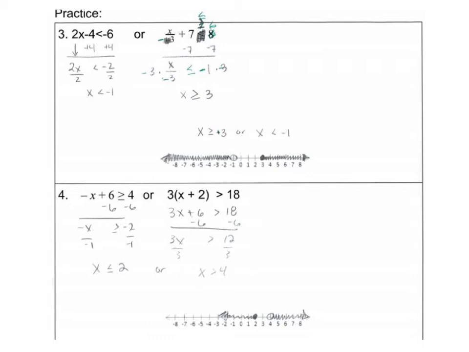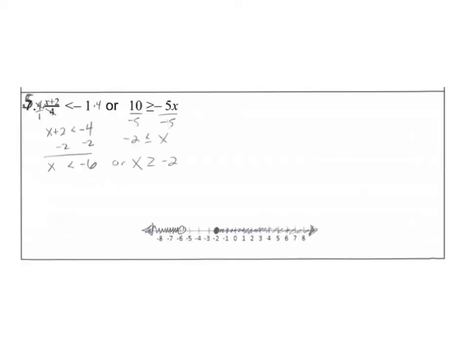Double check your calculations, your adding, subtracting, dividing, flipping signs where we need to. And example 5, take a look. Don't forget, again, multiplying by 4 to start off. We've been looking at a few of those. Flipping your sign when you divide by -5. Okay, let's take a look at some more.